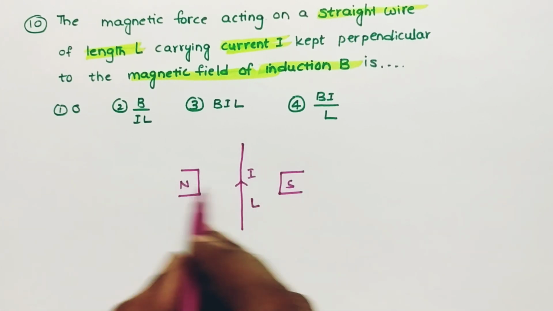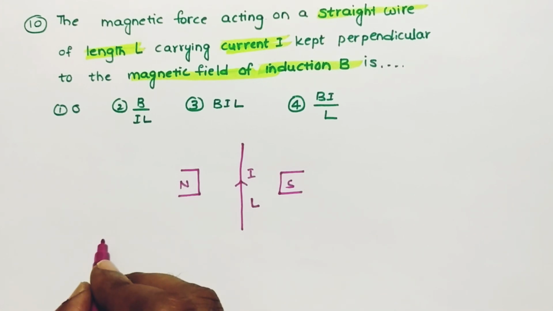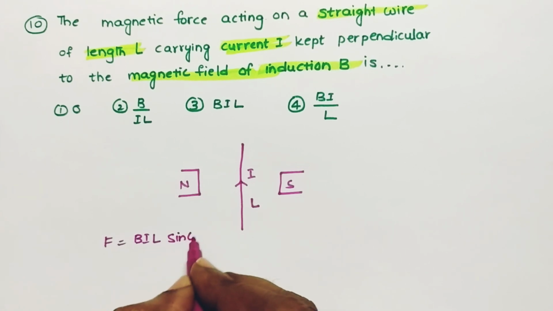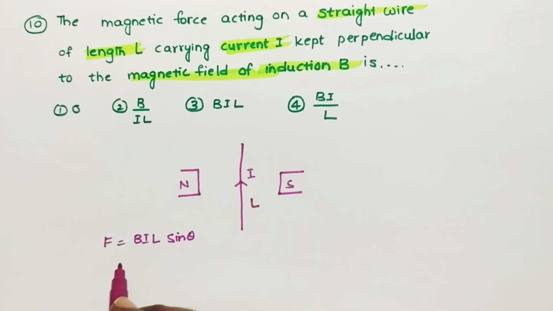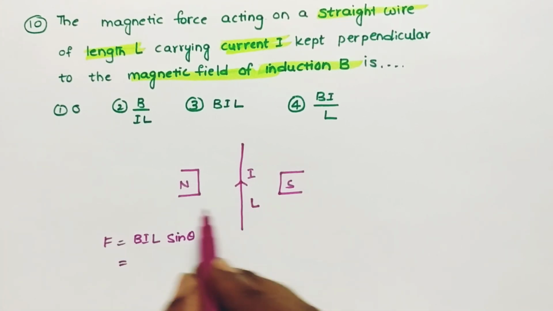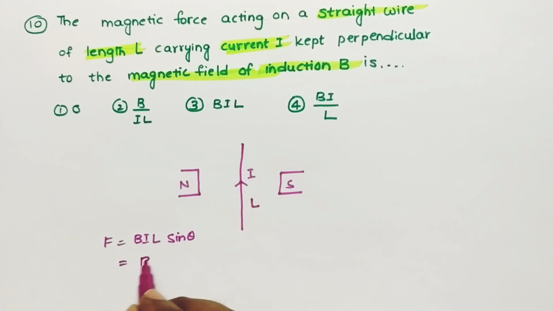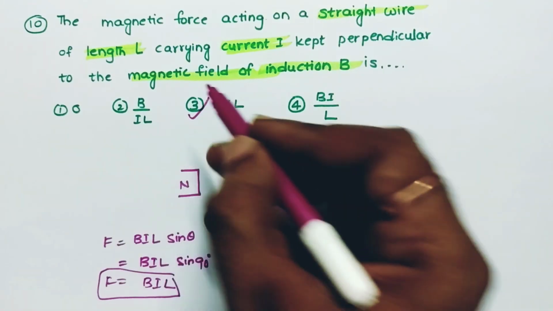So this is the magnetic field direction and the wire is kept perpendicular to it, and thus we have the formula F is equal to BIL sin theta, where B is the magnetic field induction, I is the current and L is the length of the conductor. But theta is 90 degrees here. Why? Because the magnetic field and current are perpendicular to each other. So BIL sin 90 degrees. We know that sin 90 is 1. So BIL is the answer. F is equal to BIL. Third option is correct.